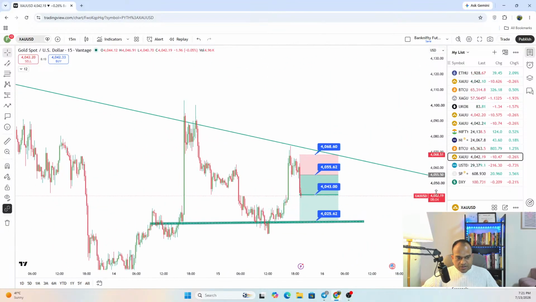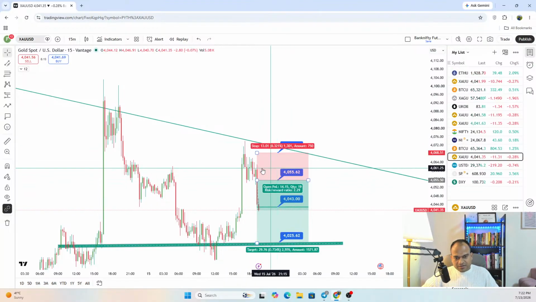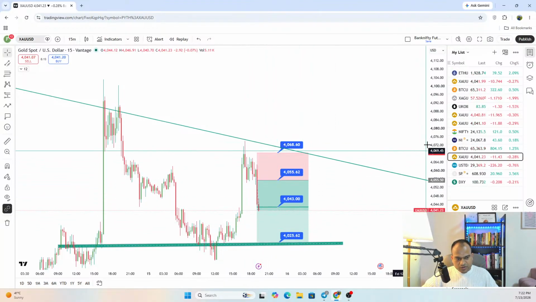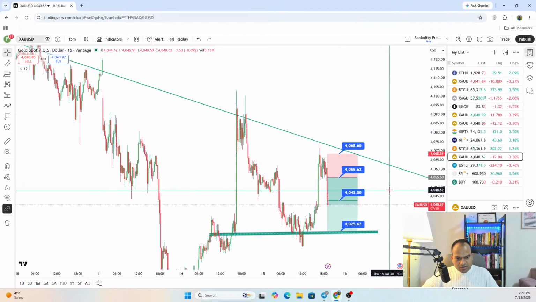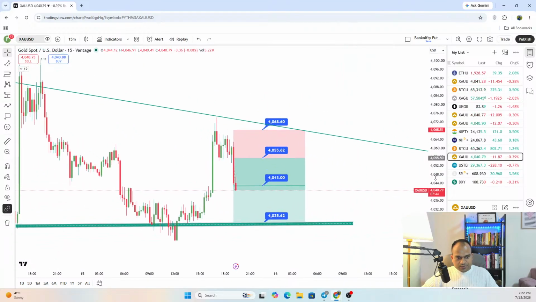So today also, the market came to this area of 4073 around 5 p.m. Dubai time, right before the retail opening of the US session, and the rejection took place, and then again the market is going towards the downside. And I'm expecting to hit my TP2 as well, 4025, anytime soon.